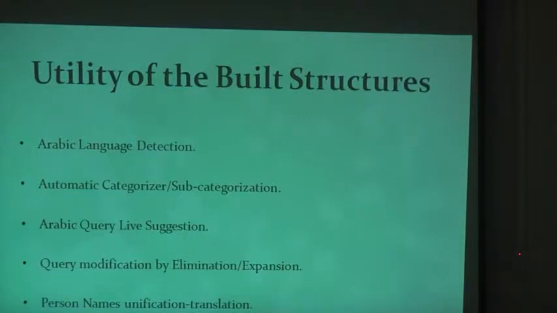You know that text A is in the field of sports. Can you tell whether it's in football or rugby or, I don't know, tennis and so on and so forth? We also work with Arabic query suggestions and modification, elimination, and expansion.